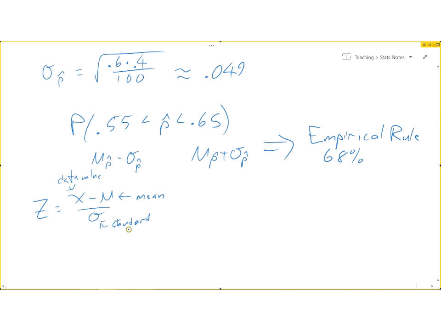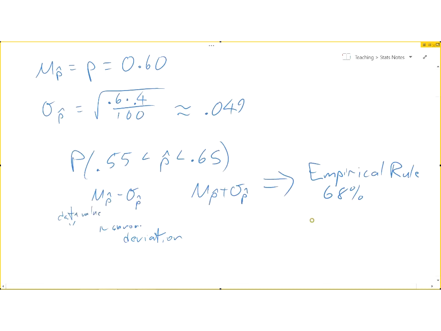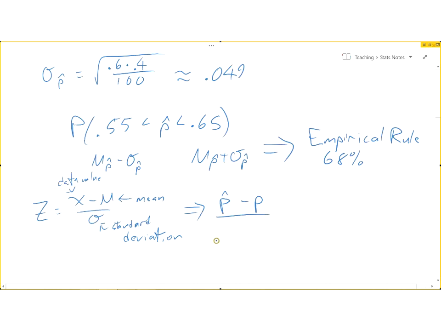Okay. But in this example, what happens is x, our data value, turns into our sample proportion. That's our p hat. The mean is the p, that's up here, p. And the standard deviation is the standard error, which is that formula, the square root of p times 1 minus p over n.